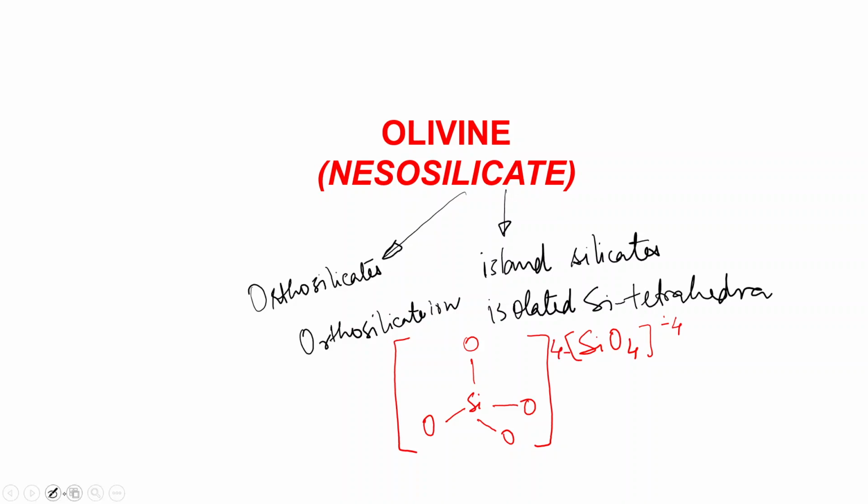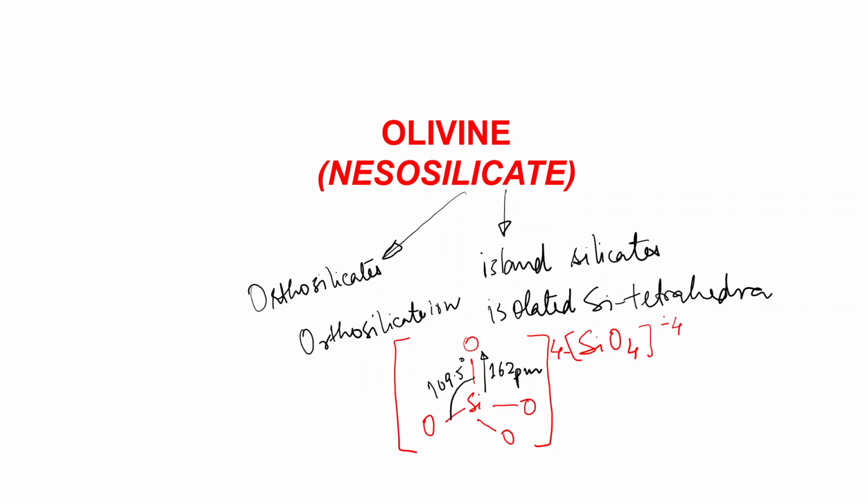Now the bond angle between silicon and oxygen here is 109.5 degrees, and this bond length from silicon to oxygen is around 162 picometer.